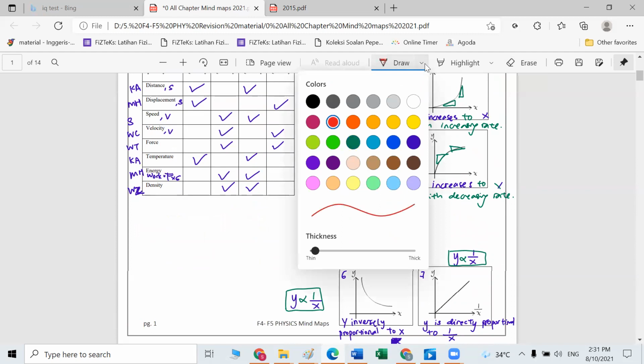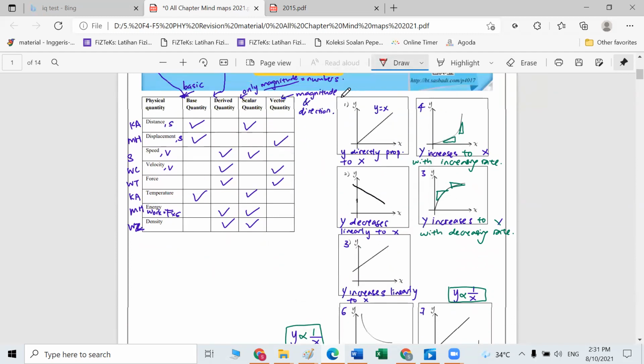Okay, so here got a few graphs. Most of the graph we use is this. 90% of the graphs is this.